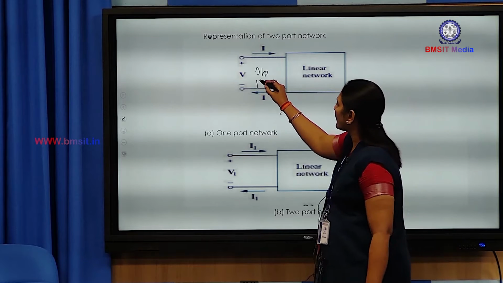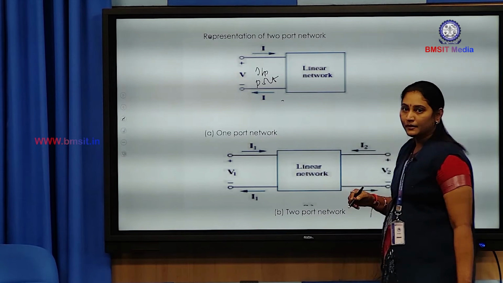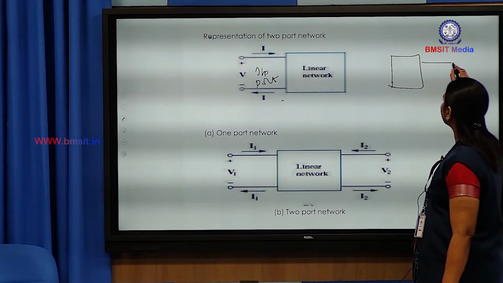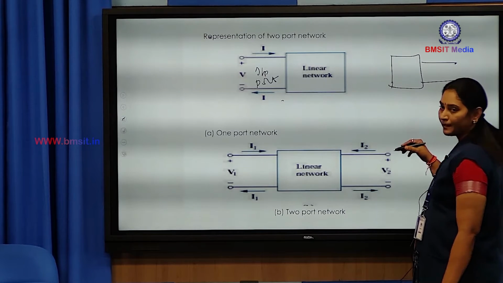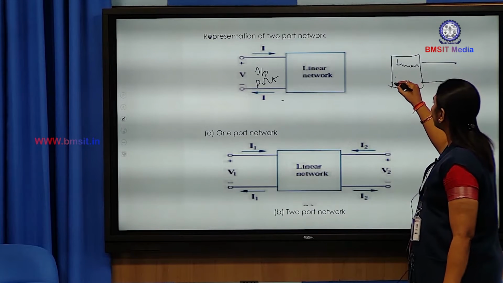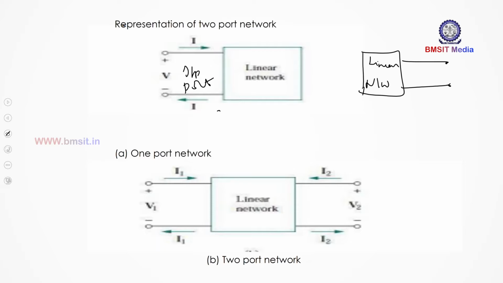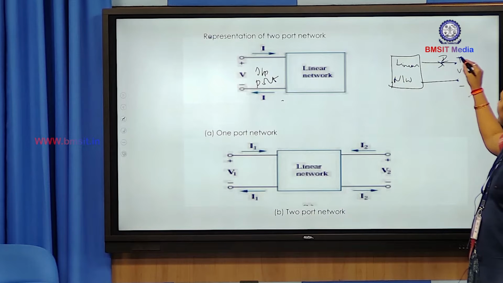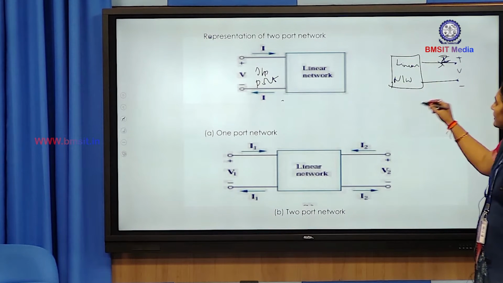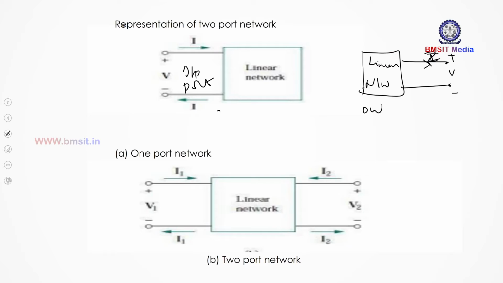Similarly, I can draw a network with another pair of terminals. Let us consider this also as a linear network, with a voltage and a current flowing through this terminal, and this is also called the output network.